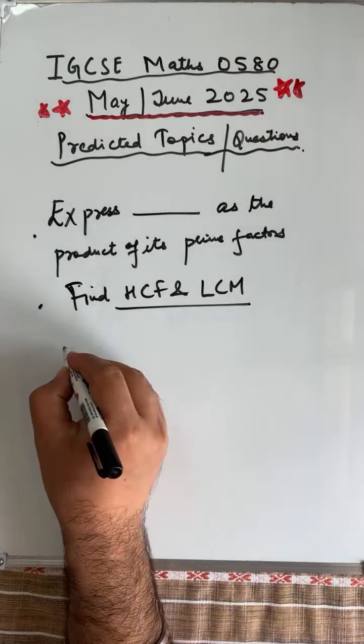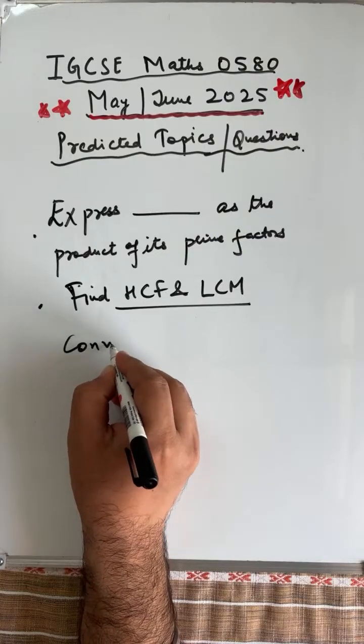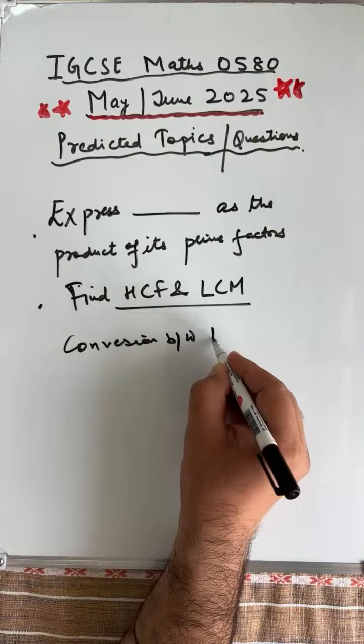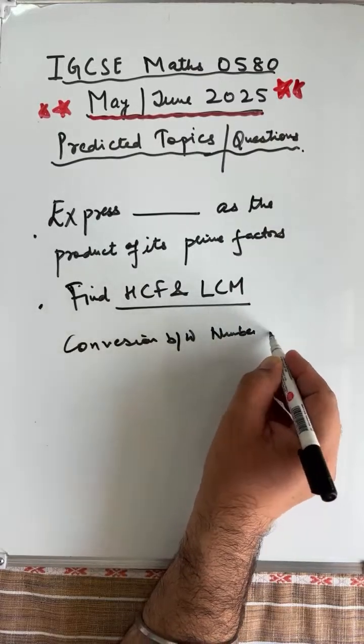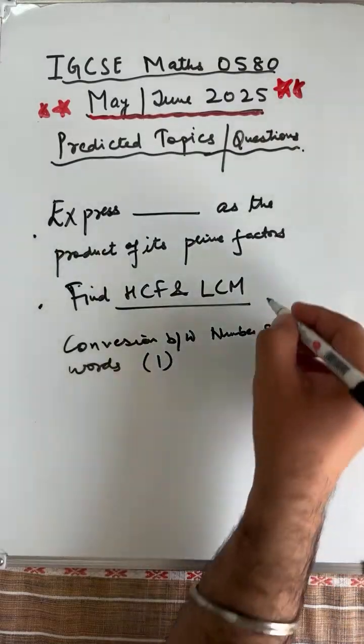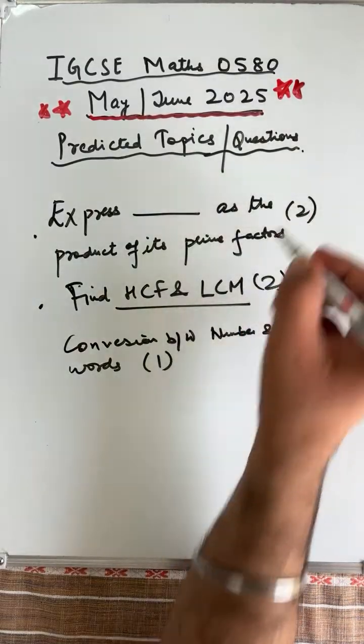Now, conversion between numbers and words. This will be of 1 mark, or 2 marks.